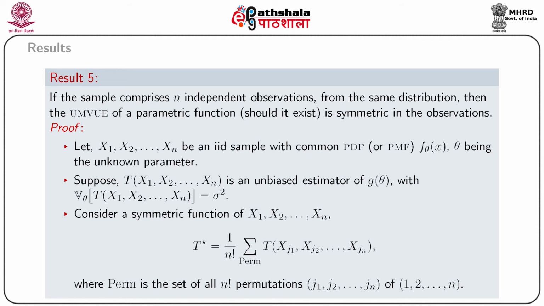Let us consider a symmetric function of x1, x2 up to xn, namely T star equals 1 by n factorial into summation of T(x_i1, x_i2 up to x_in), where the summation is taken over all possible permutations i1, i2 up to in of 1, 2 up to n.